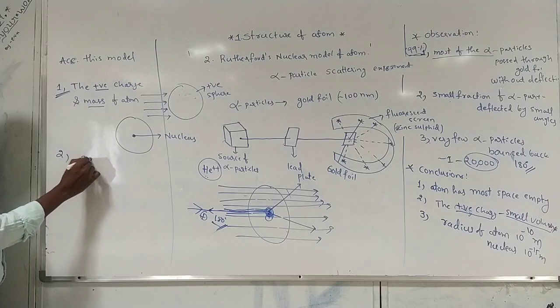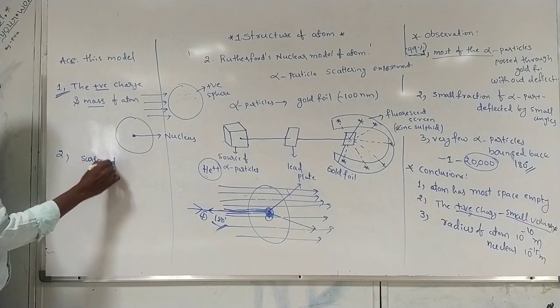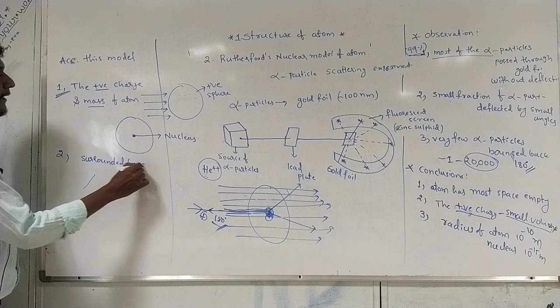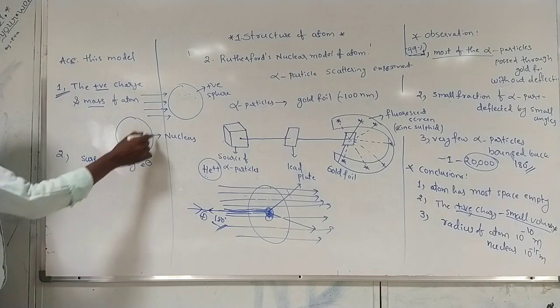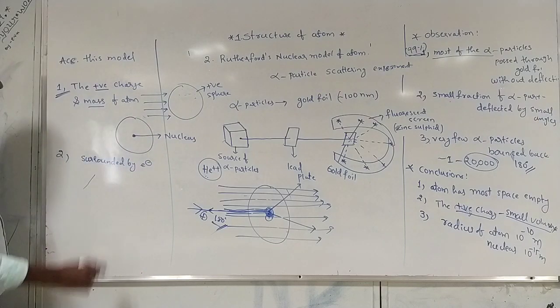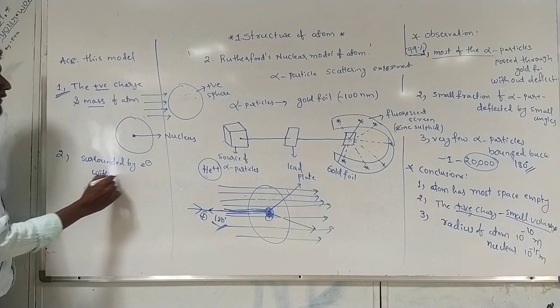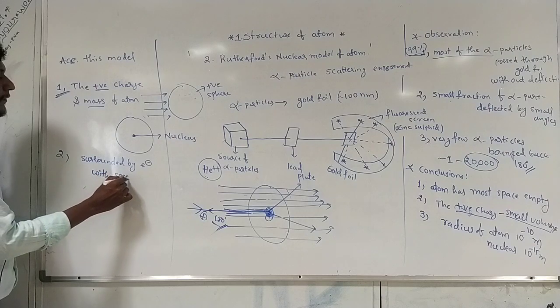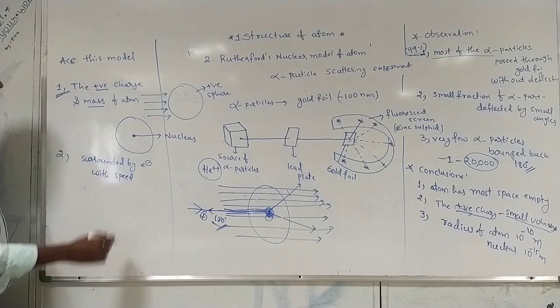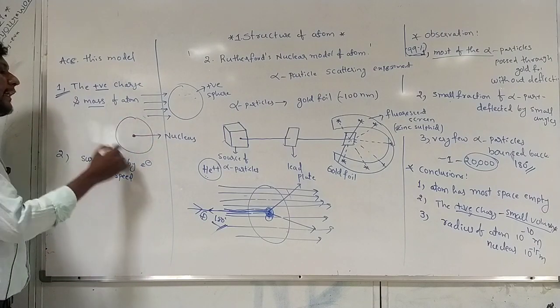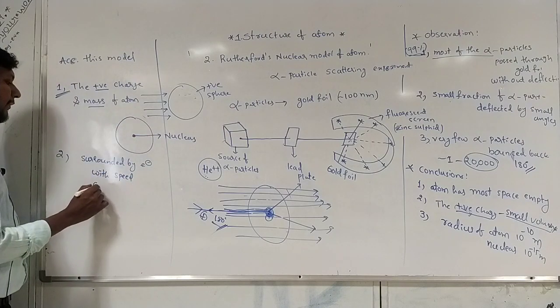The nucleus is surrounded by electrons, which revolve around the nucleus with high speed in circular paths.